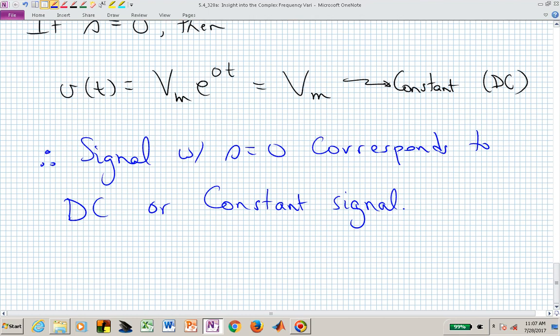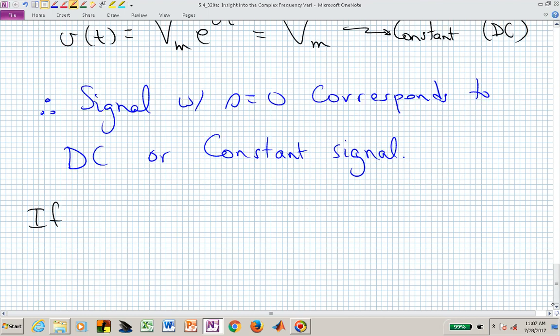So when we hear s equals 0, you might be thinking dc, or constant. When s is equal to 0 as a complex number, that corresponds to a dc signal or a constant signal. What happens now if we look at another specific case for s?